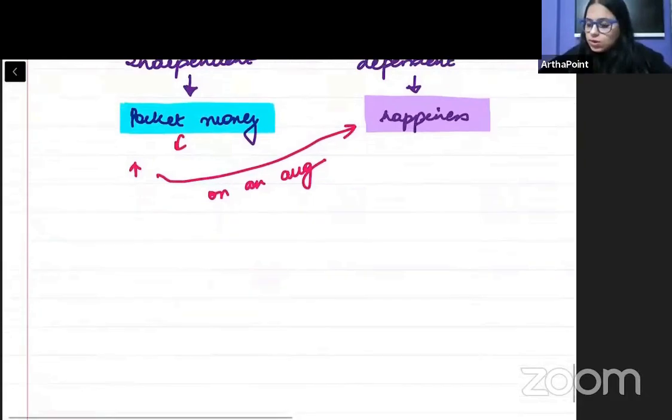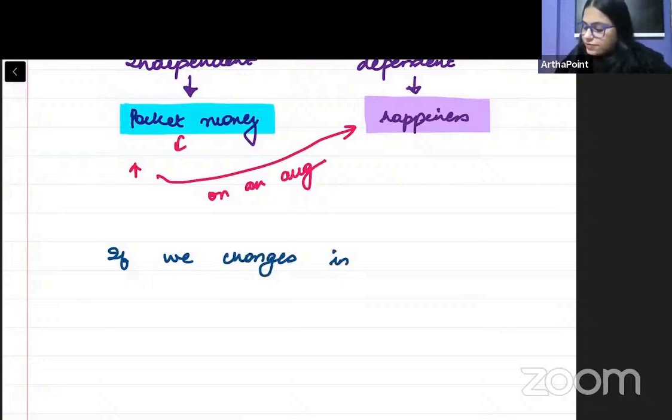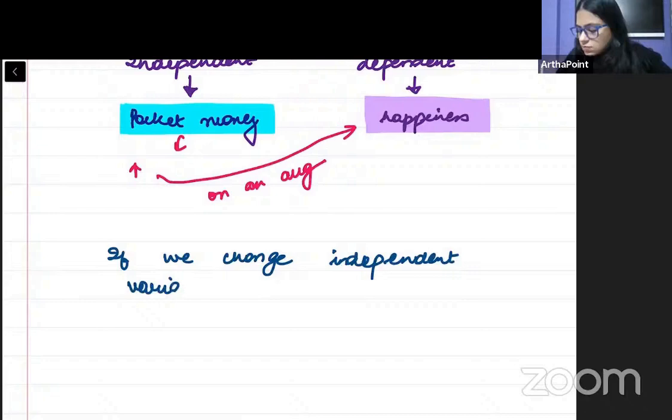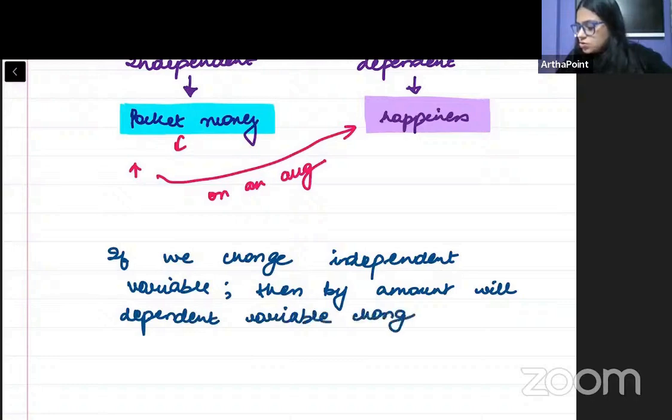But the first thing we want to understand is that if we change the independent variable, then by what amount will the dependent variable change on an average?